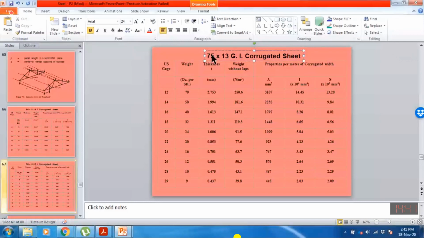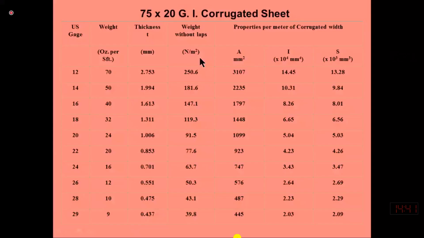Okay, you are provided with these two tables. For example, this table is for 75 into 20 GI corrugated sheet. Here, the properties of various thicknesses of sheets are available. I told you that this type of sheet is available in the market in the following thicknesses.